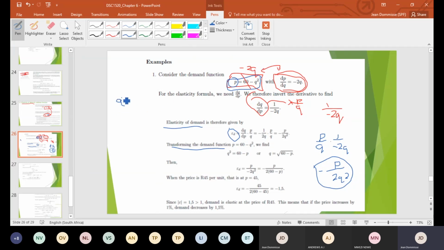So Q to the power of 2 is equal to 60 minus P. So I will need to say, okay, how do I get rid of that? Okay, so there you can see.